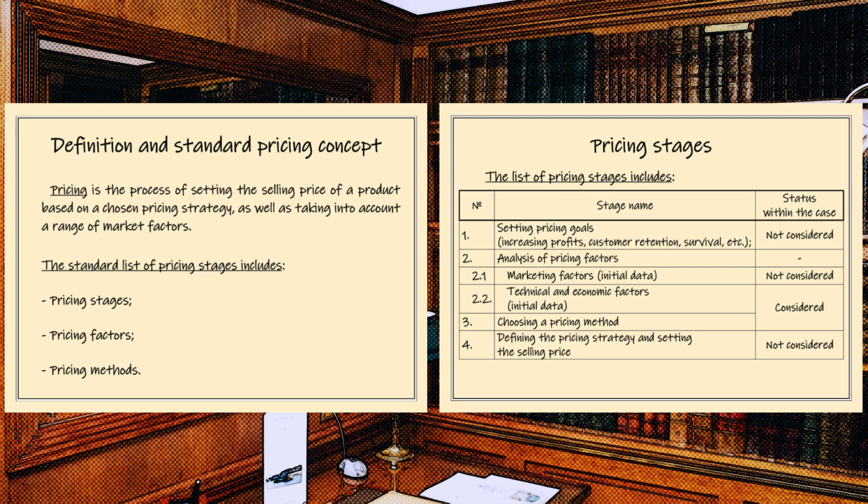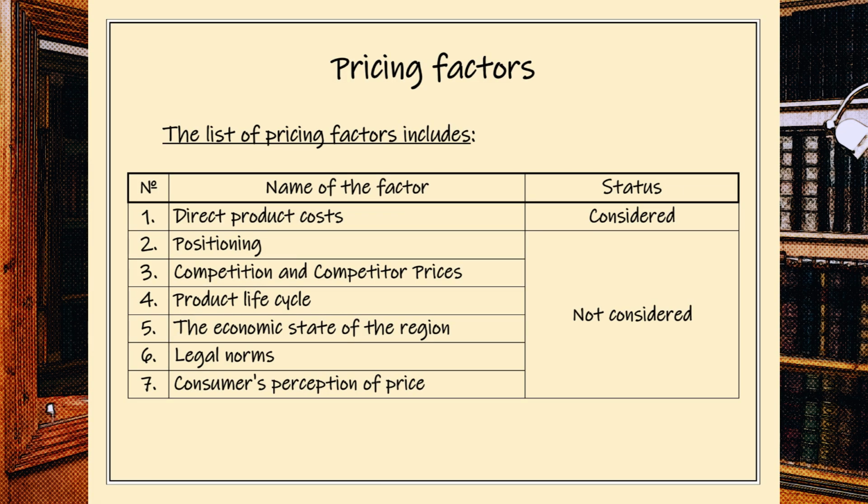The second group is exactly what the working group is primarily interested in as part of the pricing activities at the early milestones of the project, since it's during this period that there's maximum shortage of initial data for analysis.